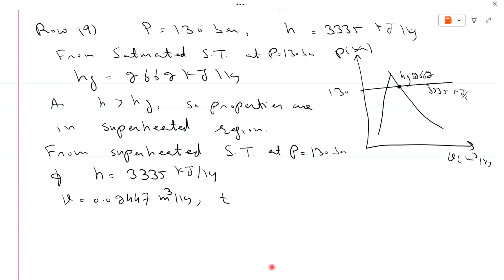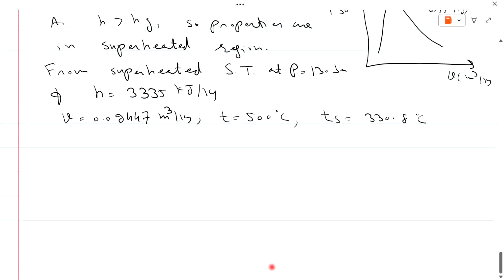Temperature is equal to 500 degrees centigrade. Saturation temperature is given as 330.8 degrees centigrade.